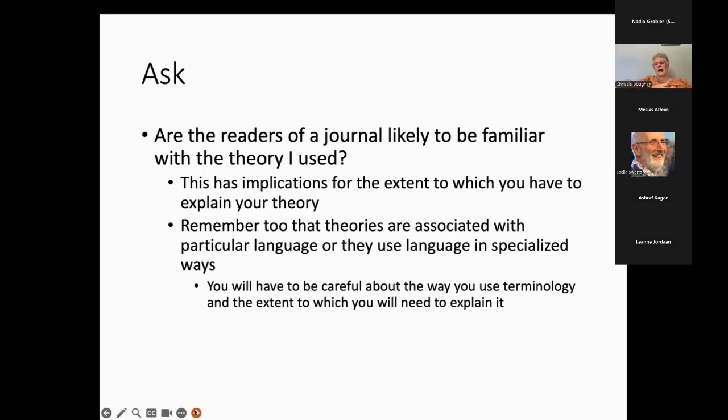So you have to be careful about the way you use terminology and the extent to which you need to explain it. So think carefully about the level to which readers of the article will be familiar with the language of the theory. And if they're unlikely to be familiar with the language of theory, you have to explain it before you can use it in your article.